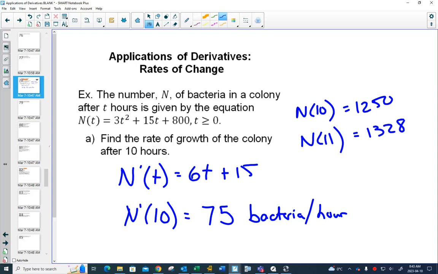And we notice that this has increased by 78. The derivative gives us that estimate.